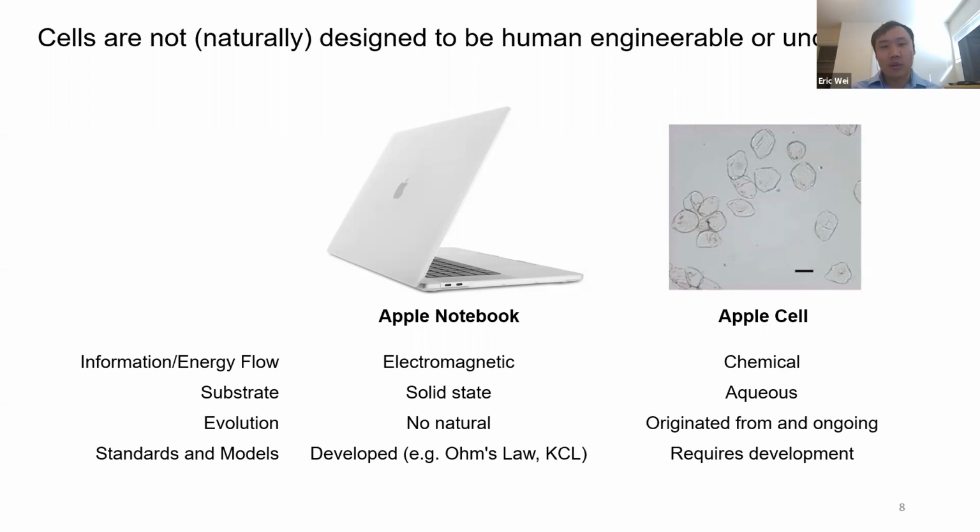In essence, how we program and engineer hardware and software, we can't directly apply it to wetware. And there's many reasons for that. The main caveat is that cells have undergone billions of years of selective evolutionary pressure, and none of those pressures included being able to be human engineerable or understood.